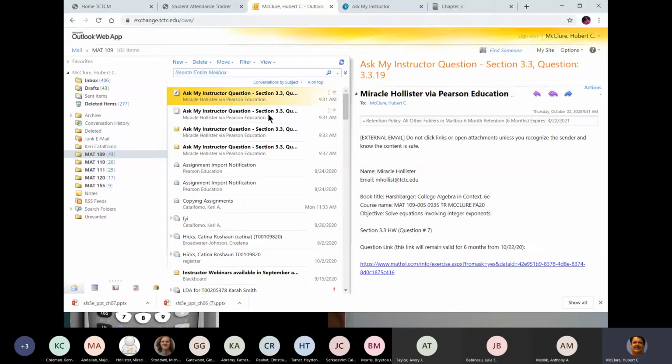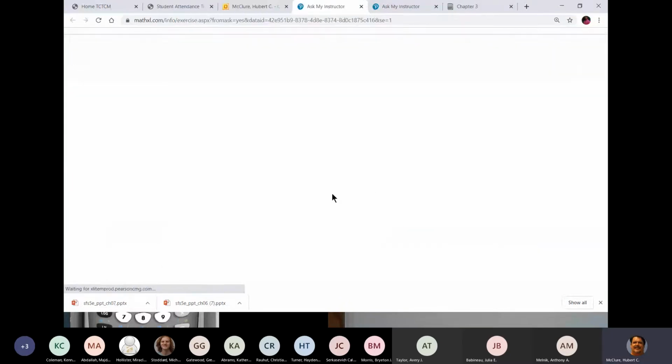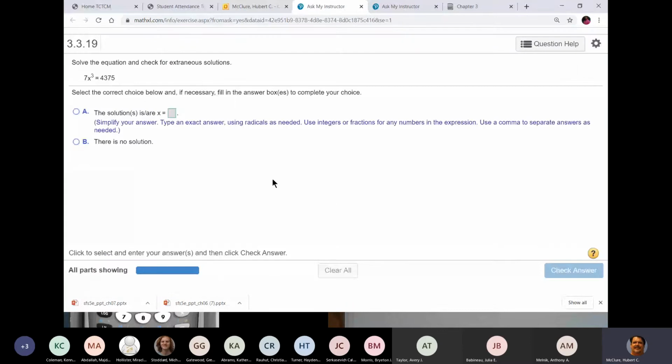Let's see if they're in order. They are, I think. Yeah. 3.3, number 19 in the book, number 7 online. And this one says, solve the equation and check for extraneous solutions.